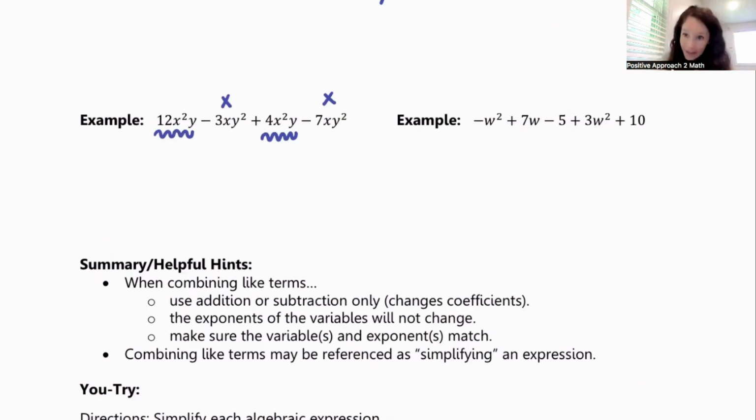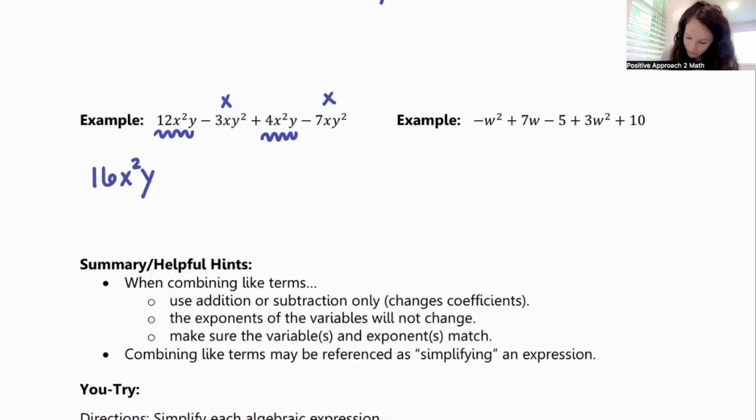Now I'm adding, and I know I'm going to be adding because it's a positive 12 plus 4. So we're changing that coefficient. 12 plus 4 is 16 x squared y to the first. Those exponents will not change. They just get brought down, right? When I have 2 double stuffed Oreos and 1 double stuffed Oreo, I end up having 3 double stuffed Oreos. It does not change that filling.